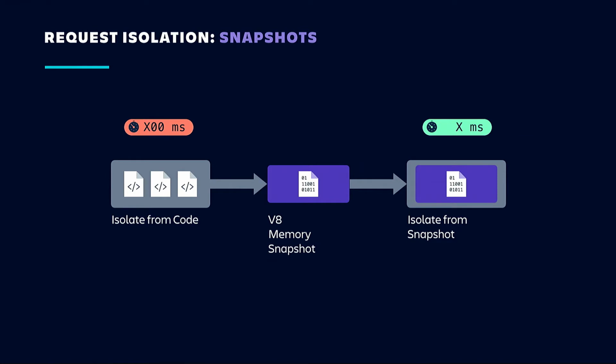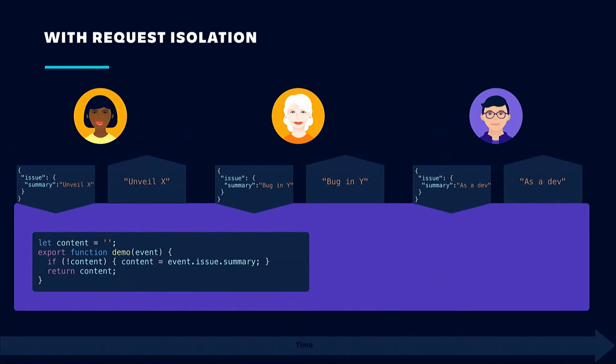Single-digit milliseconds is definitely a price we're willing to pay to essentially get tenant isolation, user isolation, complete request isolation for free. With that in place, even my silly code that I wrote here that stores things in global variables doesn't have any undesired side effects. Every request is like the first one. It doesn't matter whether you accidentally store content in global variables.